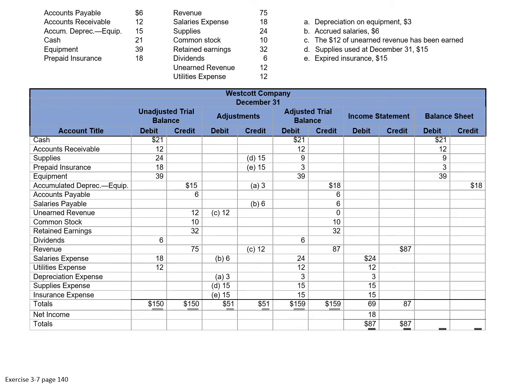Common stock of 10, and now our retained earnings of 32. We have dividends of 6, and so we should have total debits of $90. We have total credits of $72, and we have net income of 18 that flows to our retained earnings. So we have $90 and $90, and we're in balance.